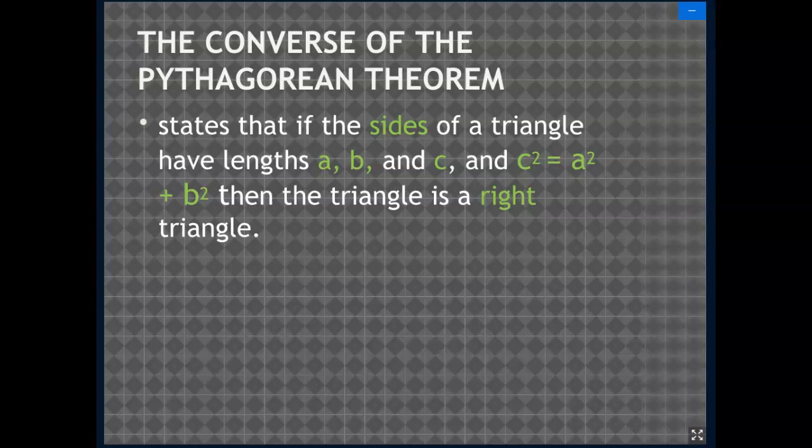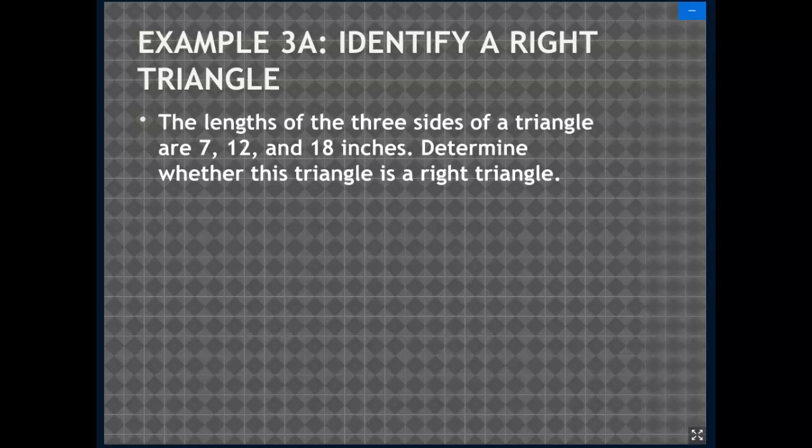So basically what that's saying is if the Pythagorean theorem is true, then you have a right triangle.